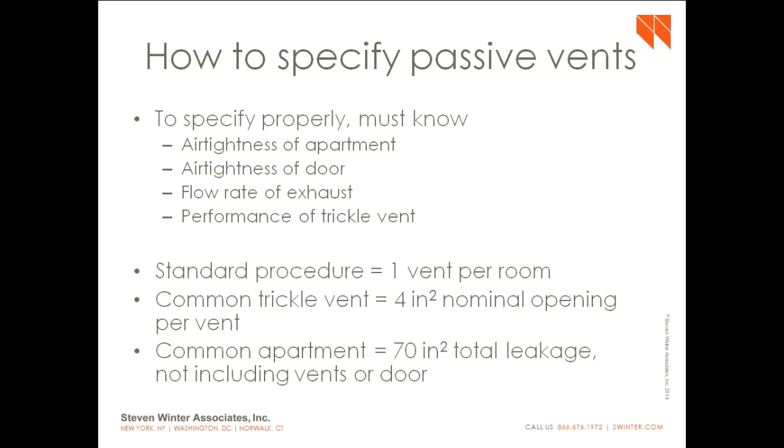So by comparison, the amount of free area from a trickle vent is a lot less than the free area from the rest of the envelope. And so if you're depressurizing the envelope with the hopes that air will come through only the trickle vents, you've really got to reduce your leakage in order to make sure that it comes from the trickle vent and not from other places that you don't want.